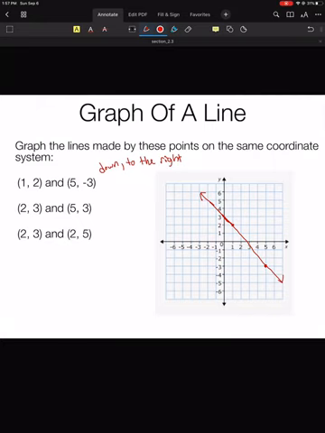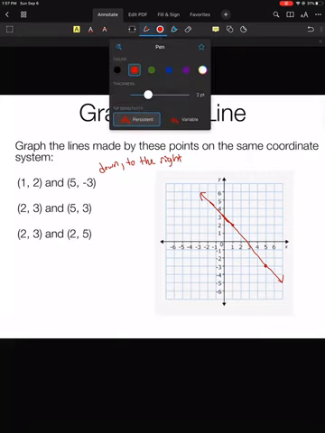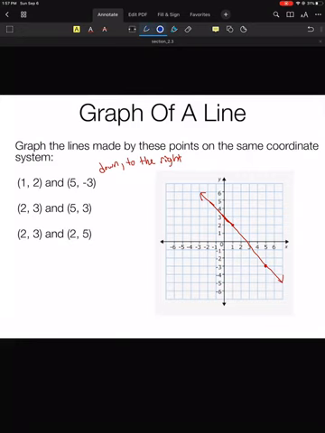Now let's look at what a horizontal line looks like. (2, 3) and (5, 3). We'll do this one in blue. If I go over 2, 3 is the point: x is 2, y is 3. And (5, 3).